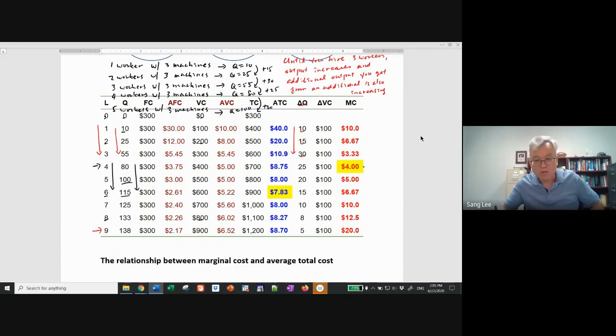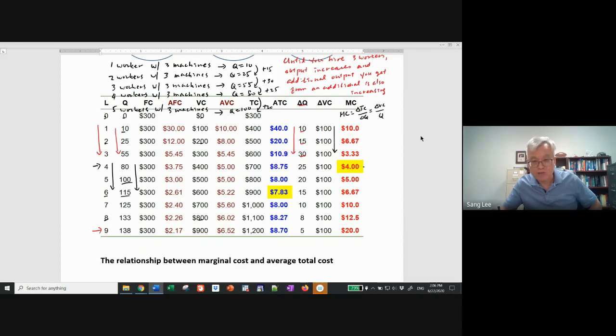So whenever, to produce more output, you hire 1 more worker, variable cost continues to always be $100. So what do we know? Marginal cost is the change in total cost over the change in Q, or the change in variable cost over the change in Q. Here, whenever you produce more output by hiring 1 more worker each time, the change in variable cost is $100.